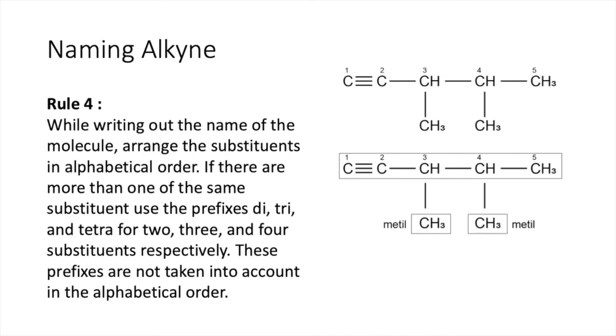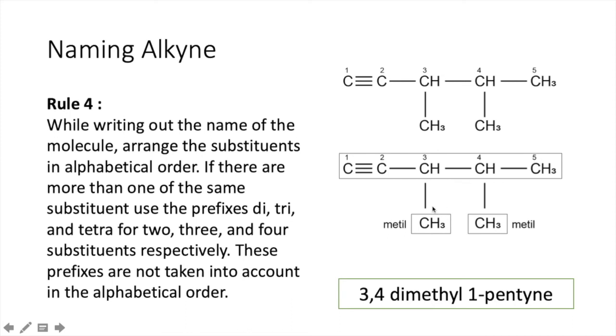And this is methyl, and methyl, located at carbon number 3 and number 4. This structure has a long chain with 5 carbons. So this structure is named 3,4-dimethyl-1-pentyne.